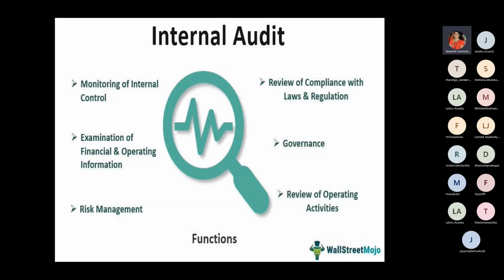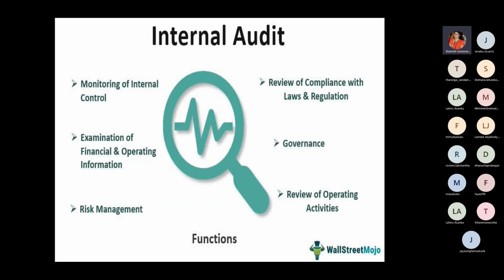So when we are talking about the management of the action plans, whether any issues or problems are arising, and if they arise, how you are going to manage those risks and problems. Then review of compliance with the laws and regulations.